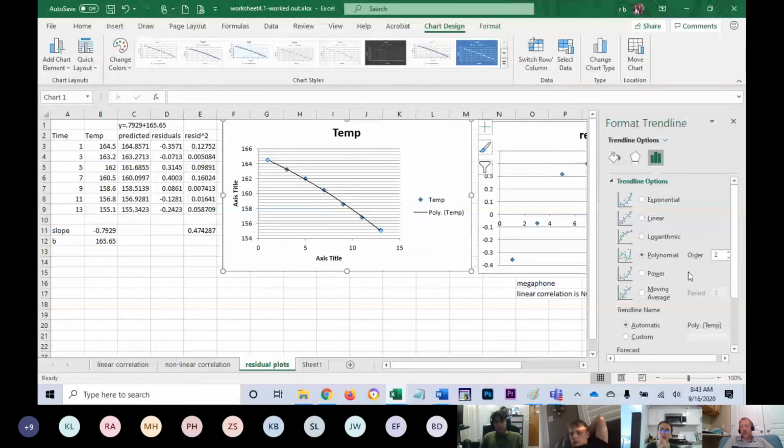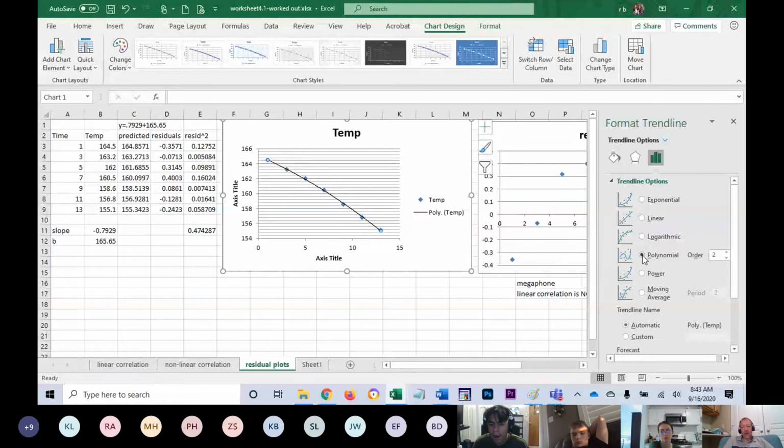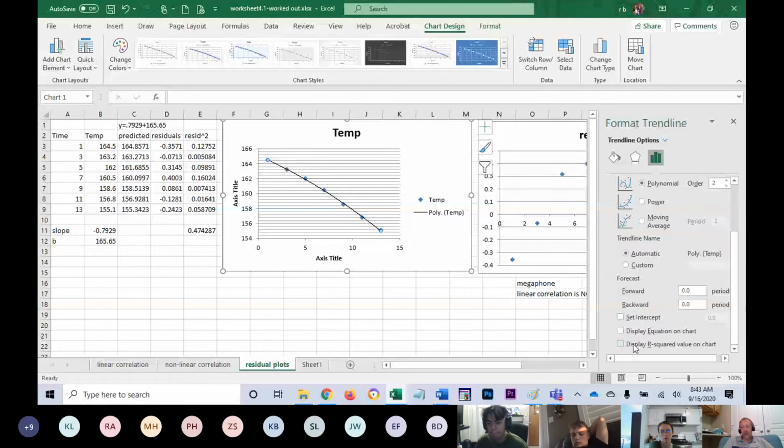One of the nice things about Excel is you can try linear regression, you can try logarithmic regression, you can see how these match. So that doesn't seem like it matches the points very well. You can try polynomial regression, and that actually looks like it fits really well. I can add the equation and the R-squared value on the chart.